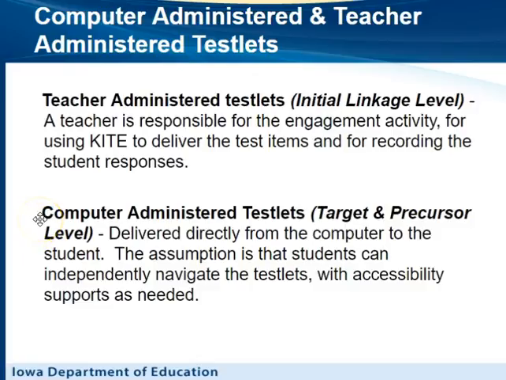Also, for students that are working at the target and precursor levels, those will be computer administered. Those would be cases where students would have a test delivered directly to the computer through Kite, and these would be our students who would be able to independently navigate the testlets, having accessibility supports as they might need them.